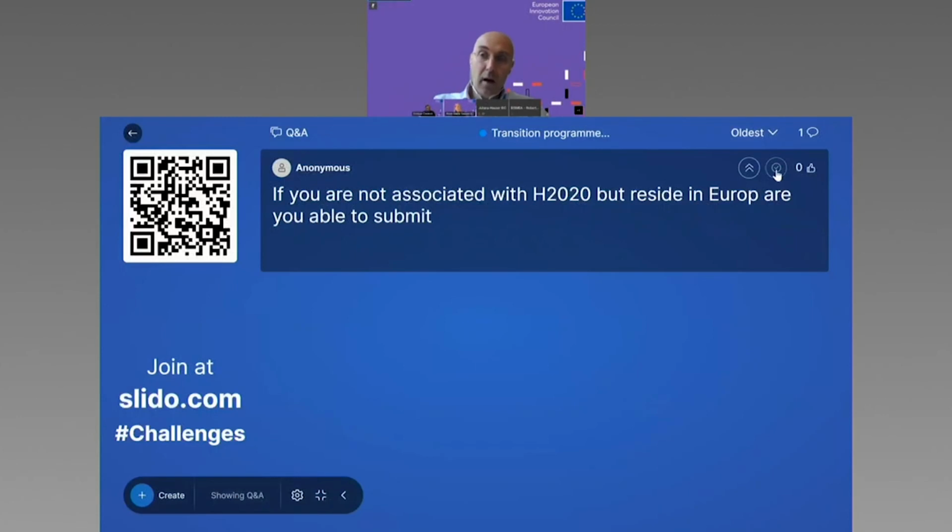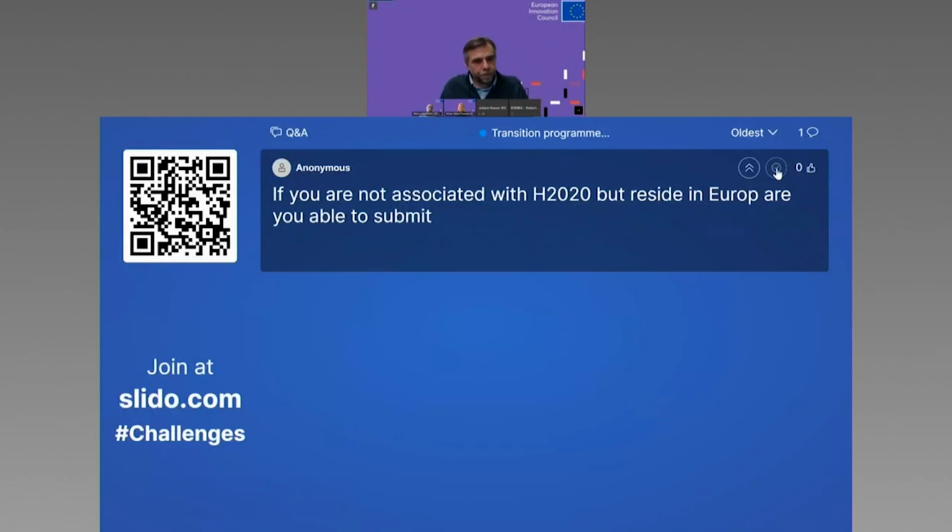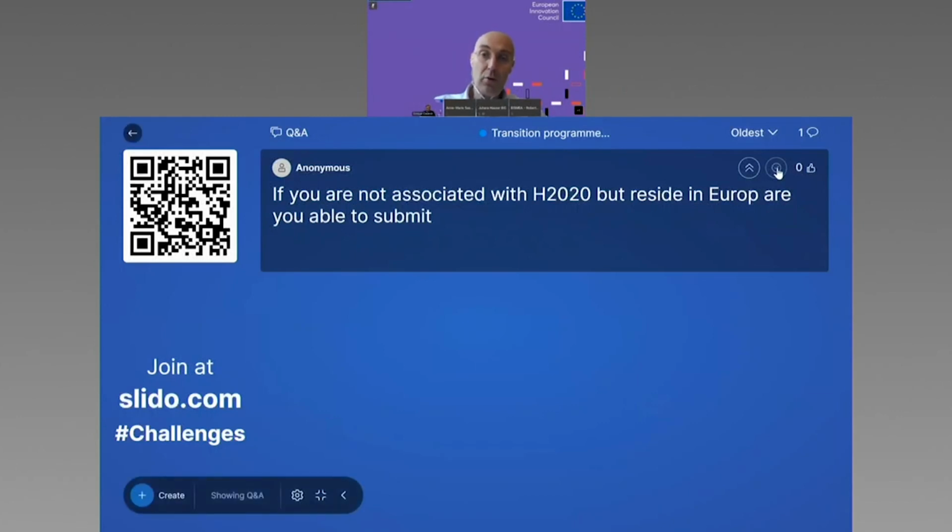Or you might contact someone who owns a result from an H2020 project, exactly, as was presented by Enrique, yes, of course. And establish a relation, and then together with the proposal, you will need to submit this commitment letter that is part of the application, where the owner of the results commits to negotiate with you access to the results.